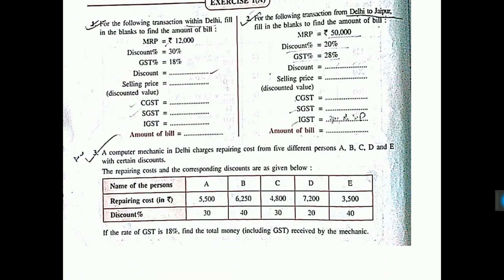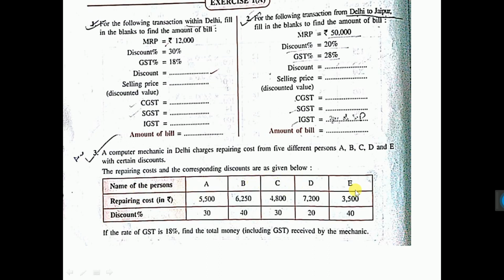Next let us see sum number 3. A computer mechanic in Delhi charges repairing cost. So this is a service charge. Repairing cost from 5 different persons A, B, C, D, E with certain discounts, given in the table. The repairing cost and the corresponding discounts are given below.